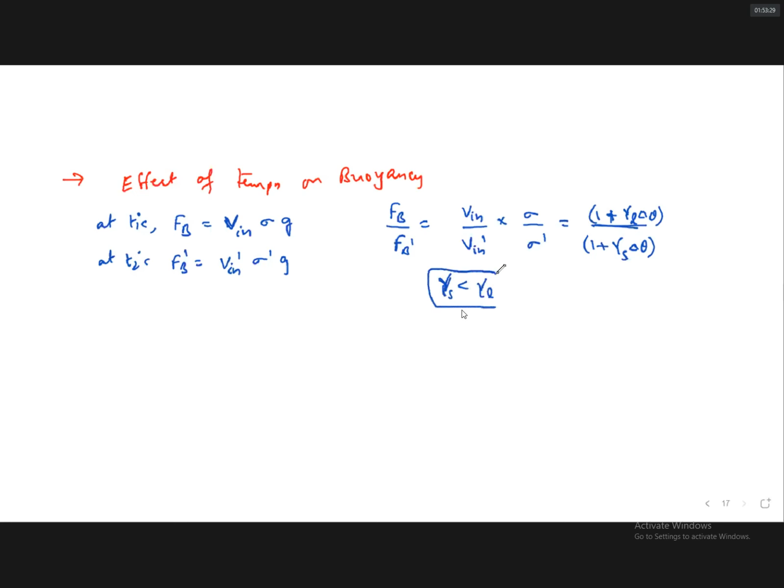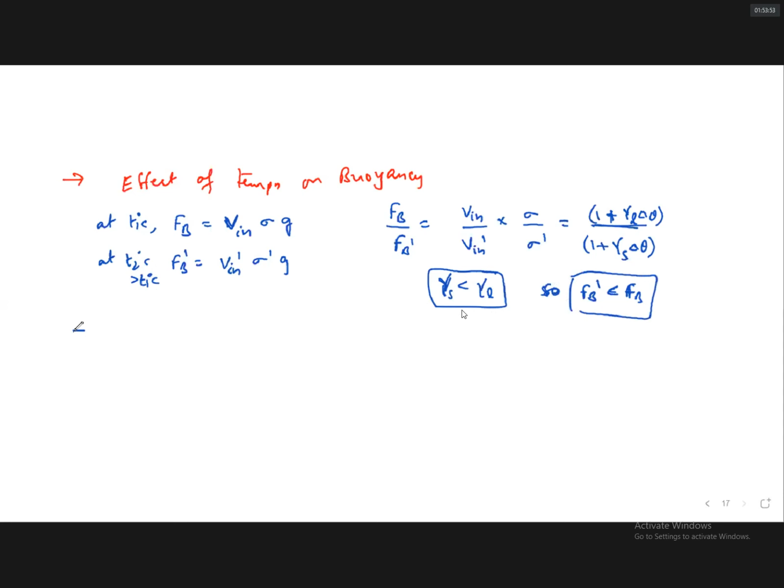Gamma S is less than gamma L. So FB dash is less than FB. Means as temperature increases, if T2 is greater than T1 degrees Celsius, the buoyancy force decreases.